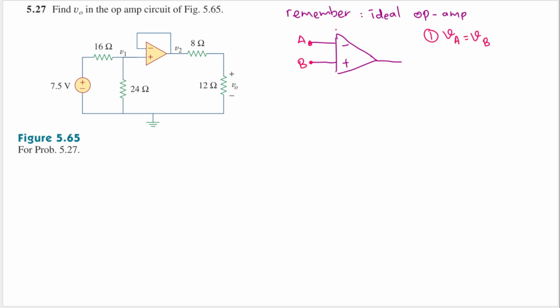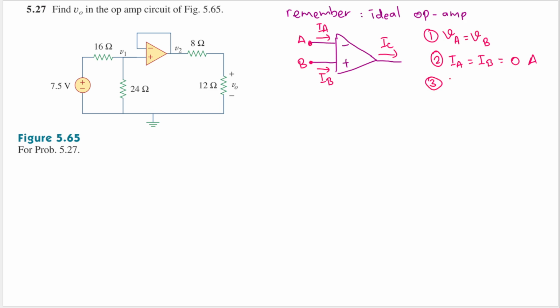And then what else? The current that goes into the op-amp, which is IA, and then IB here, will also be the same. So I will have IA is equal to IB, but both of them are equal to 0 ampere. And then if we have the current that goes out of the op-amp, I will have IC here.